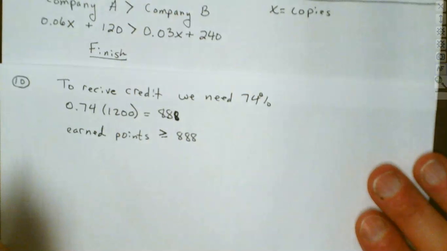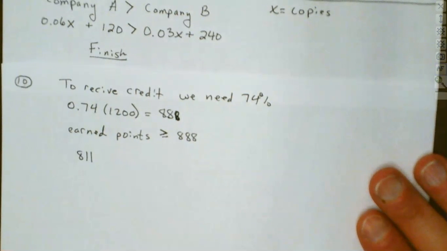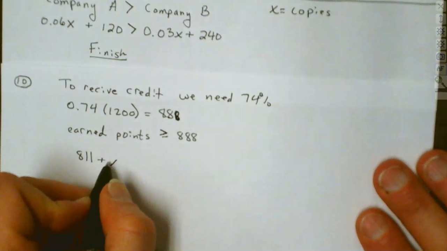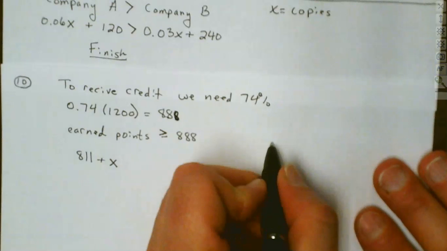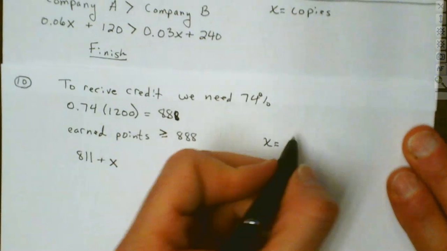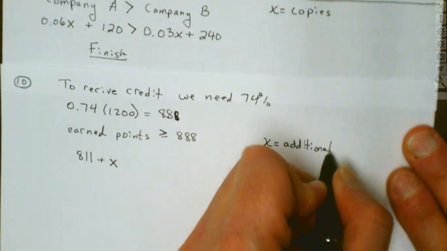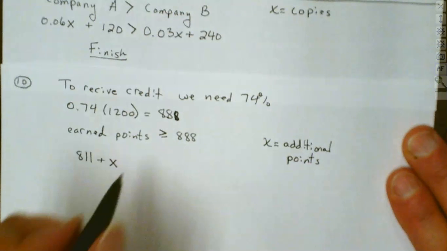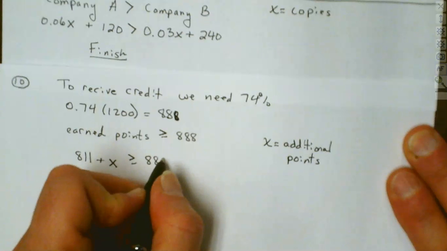Well, we already have 811 points. That's already fixed. That's given. We've got additional points that we're going to earn through exams and things like that, and that's going to be X. So X is the additional points, and we want that total to be greater than or equal to 888.